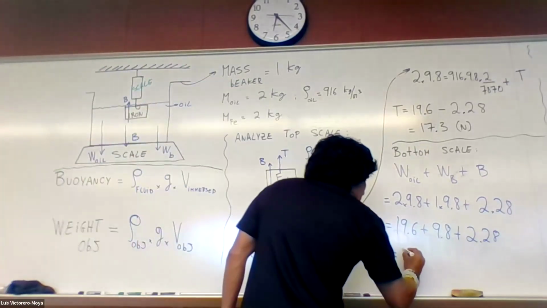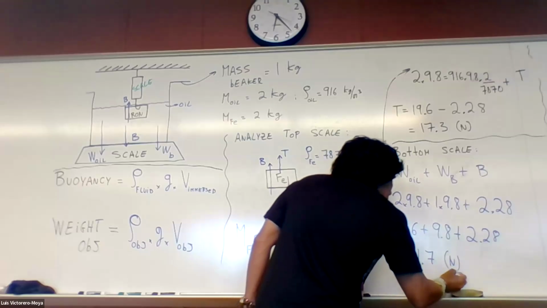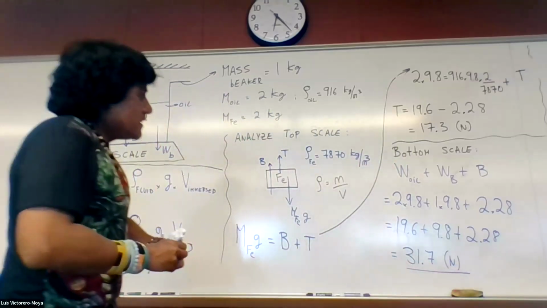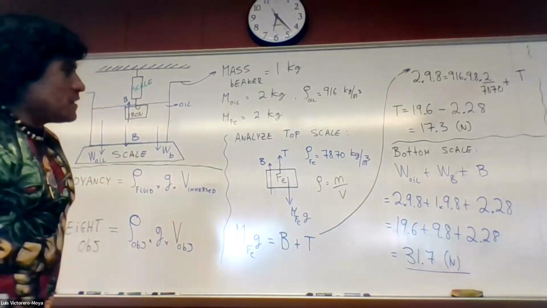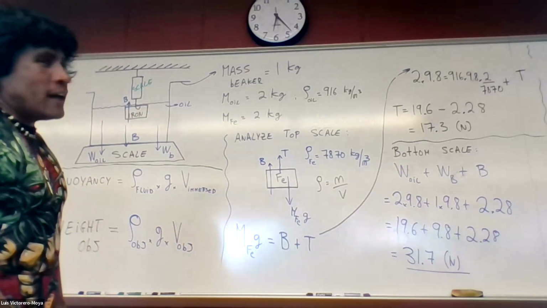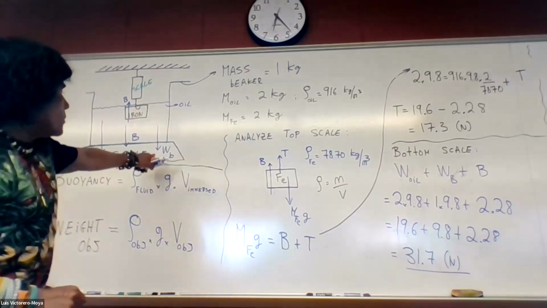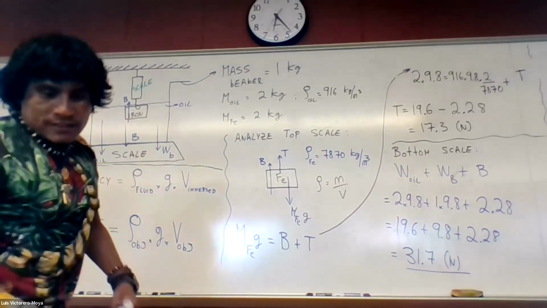About 31.7 newtons. All right. That is a nice experiment where you can find the effect of buoyancy using scales, bottom and top.